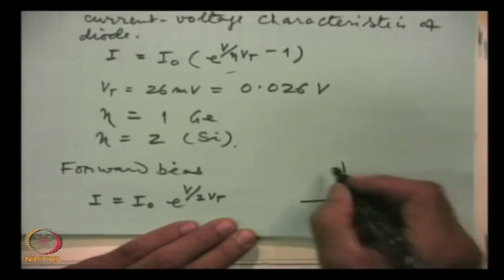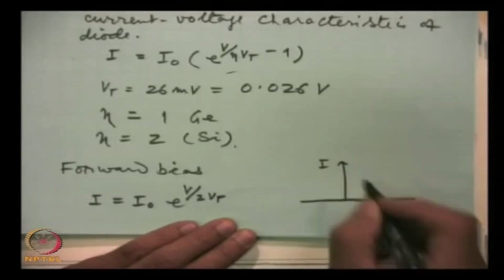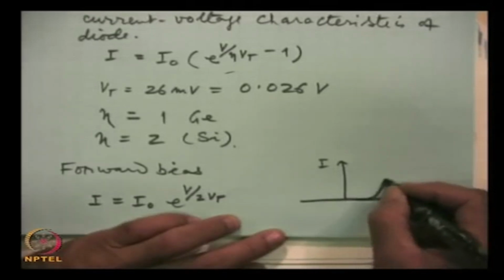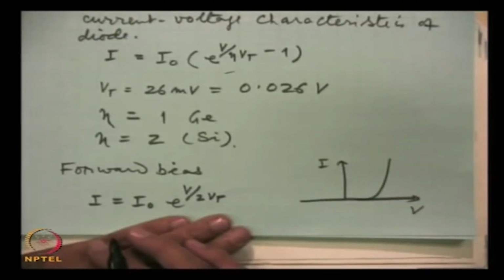So, if this is the current and this is the voltage, the current rises exponentially.